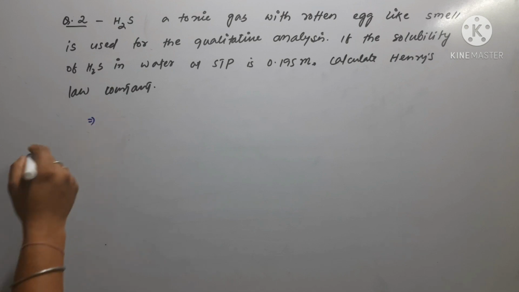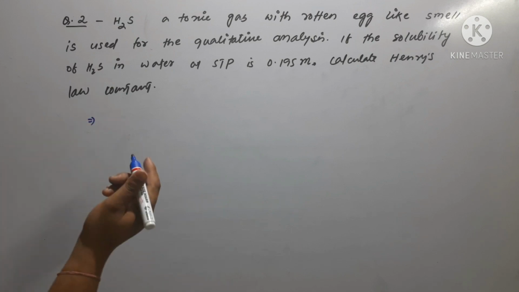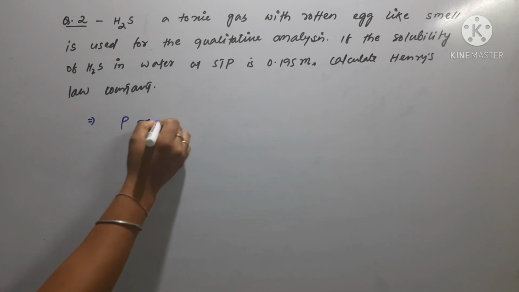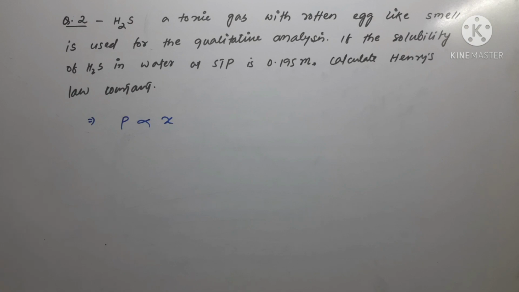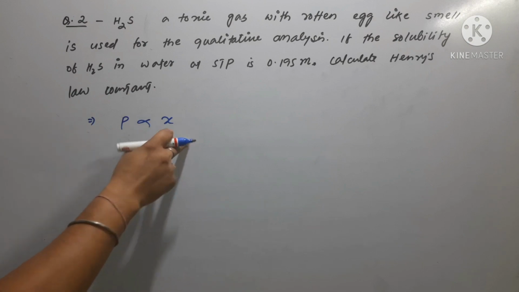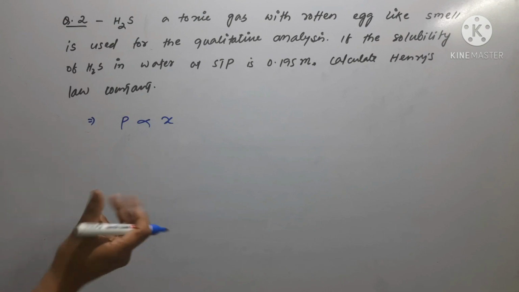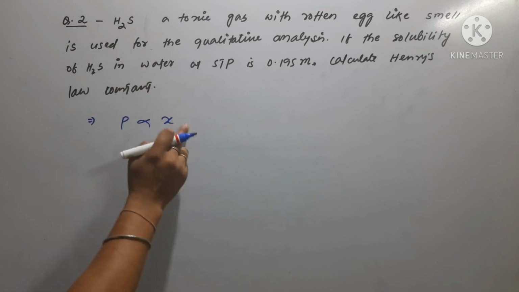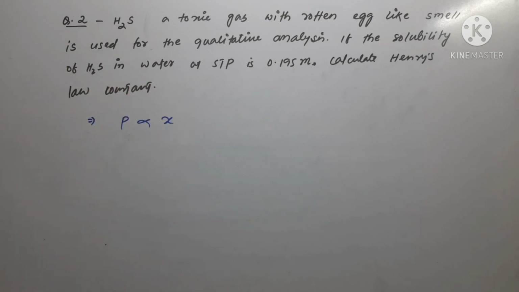What do we know, guys? Henry's law says that P is directly proportional to the mole fraction. Solubility depends on the pressure, and pressure depends on the mole fraction of the gas.